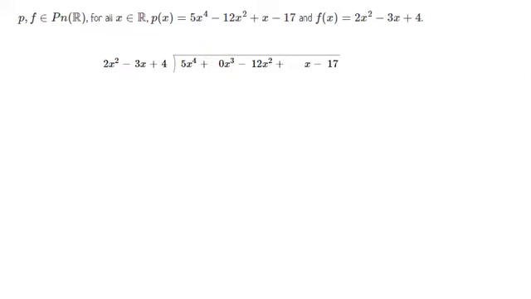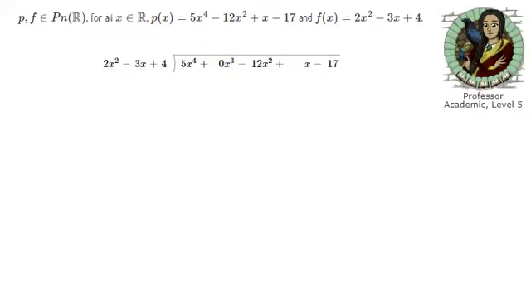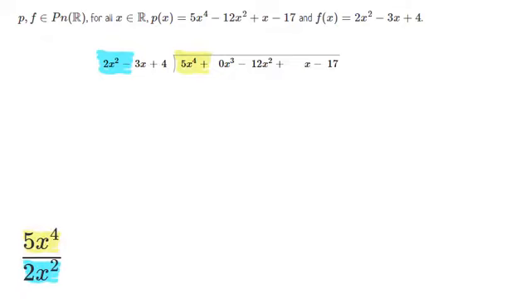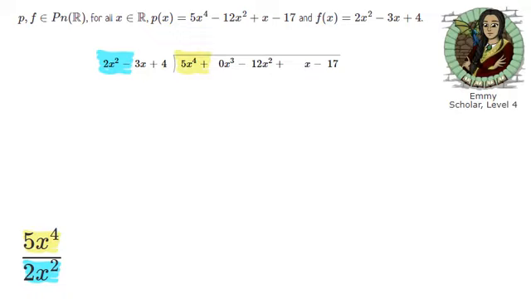Let's begin. We start by dividing the first term of the dividend by the first term of the divisor. That is 5x to the power 4 divided by 2x squared. So that's 5 over 2 times x squared? Correct.